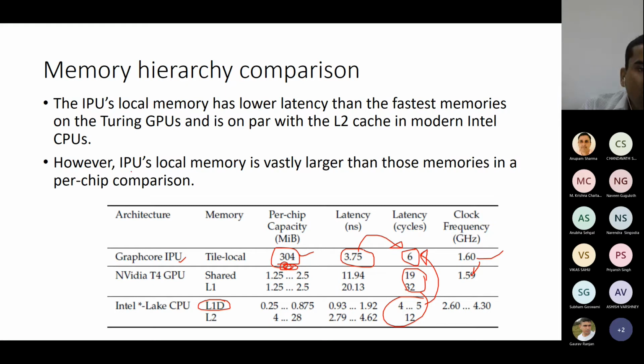Although local memory is vastly larger than those memories in the per chip comparison. So here it is like total 304 megabytes because it is distributed. Although total capacity is very large, each tile has only 256 KB. Every core in the tile has access to 256 KB that you can easily access. So this is the whole point.